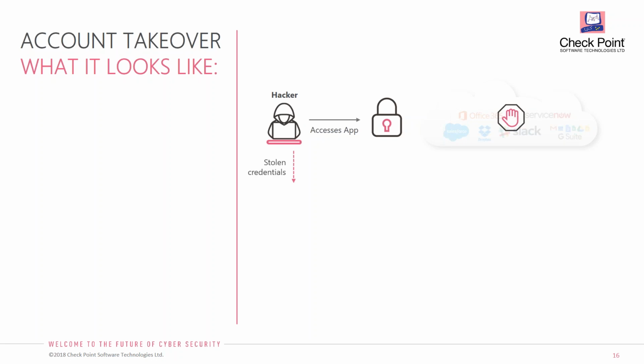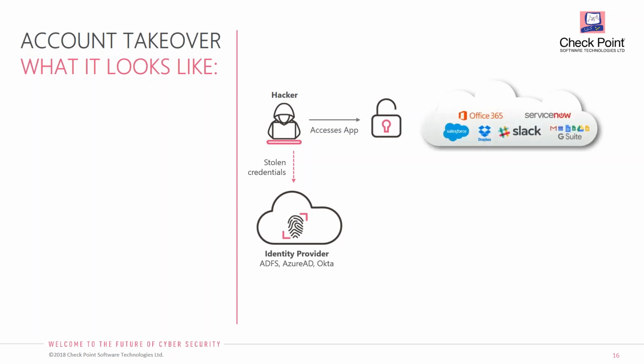So they will often go through one of your ID brokers, your identity brokers, to try and sign into your cloud app using those stolen credentials. Okay, and this is what we're seeing time and time again. The simple stuff. So people using their devices in public places in full view of someone else, or using a shared system with some sort of keylogger. It's the simplest things that are often leading to the worst kind of attacks.